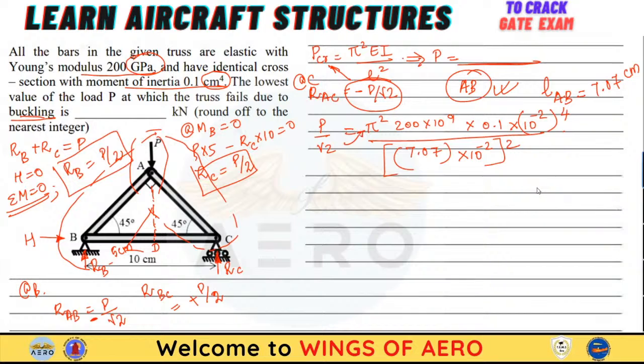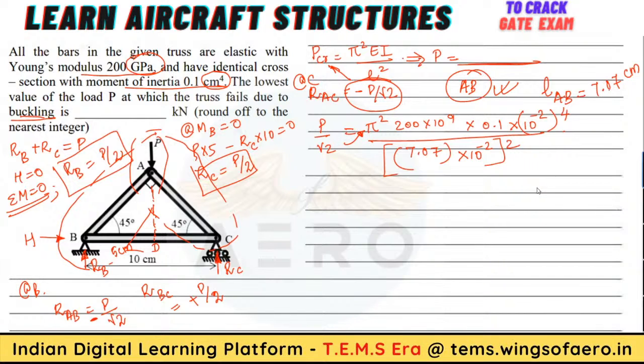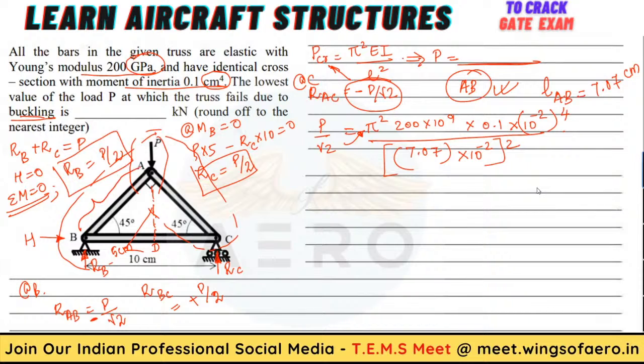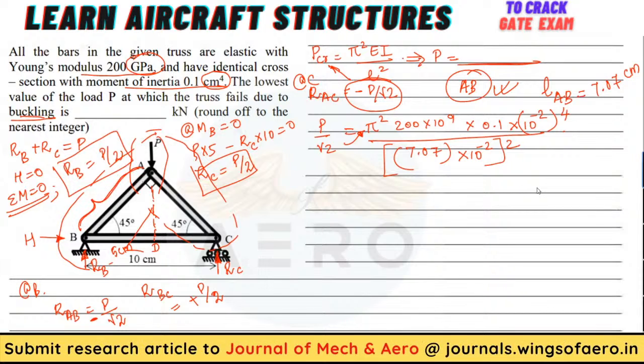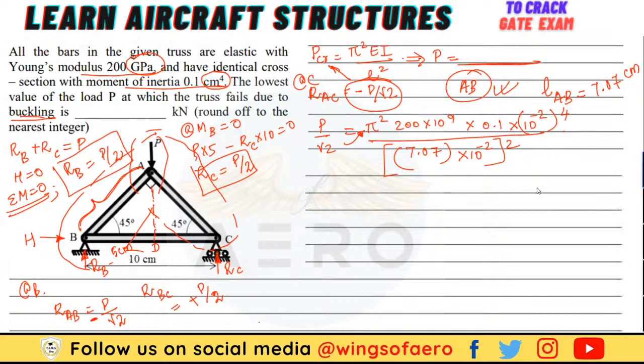Ma'am, why do we take L equal to 7.07? You need to find this, no? You only said 7.07 is coming. Ma'am, what is this L? Ma'am, we take the effective length values because one end is fixed and one is roller end.